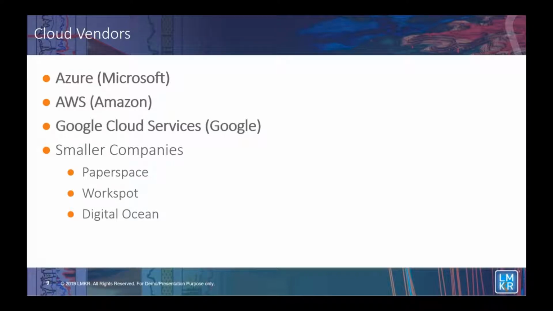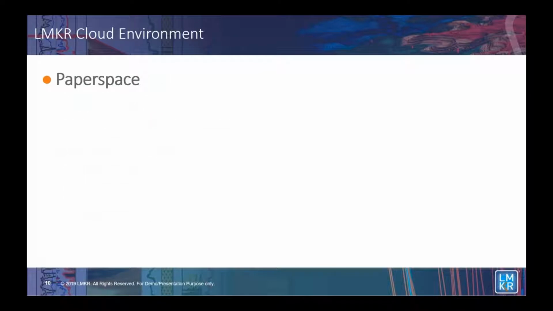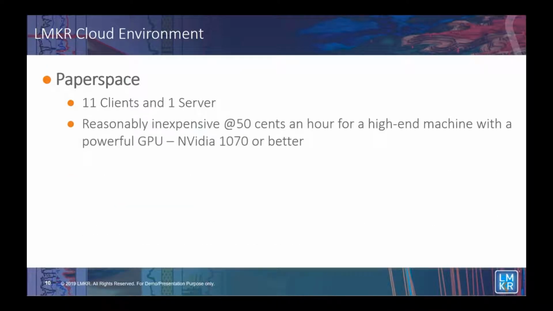So what we did was we went ahead and we used Paperspace. And we set up our own network in the cloud and ran GeoGraphix off that network, both our GeoGraphix and our GVERSE applications. We set up 11 clients and one server, so we have our own network in the cloud. It was reasonably inexpensive.